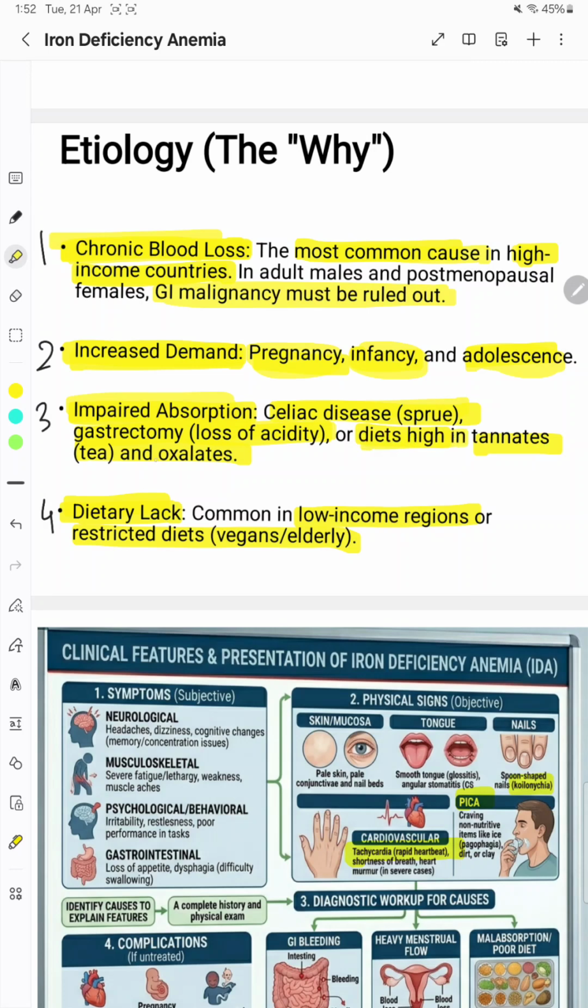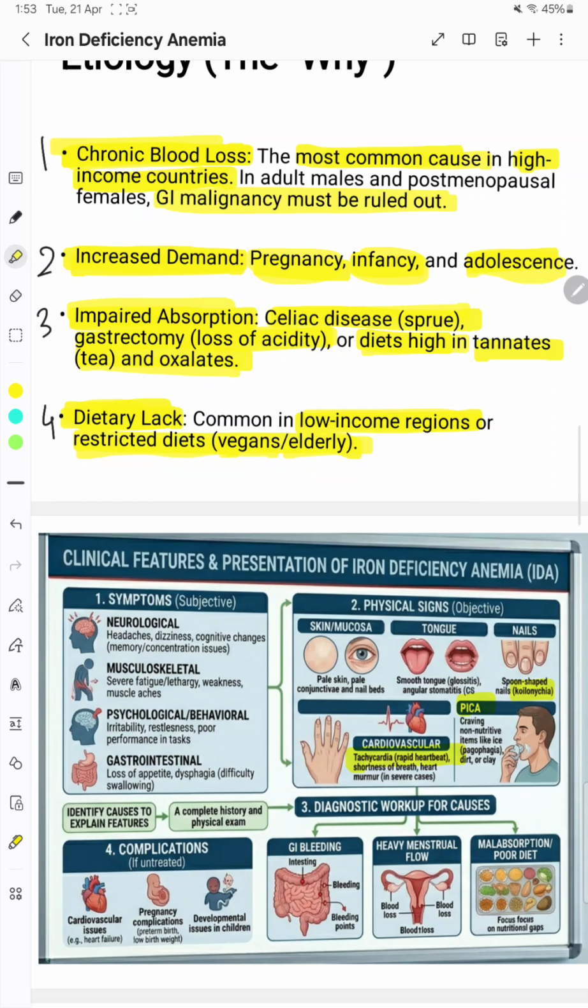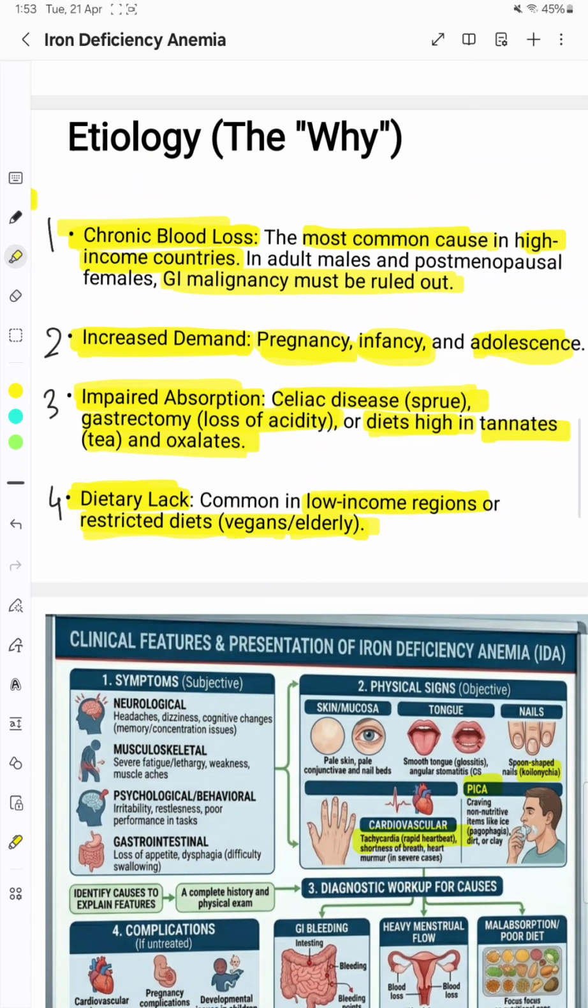Diets high in tannates and oxalate also impair iron absorption. Fourth condition is dietary intake. Low dietary intake can be seen in low income regions or individuals with restricted diet like vegans and elderly individuals. So these are the four main causes of iron deficiency anemia: blood loss, increased demand, impaired absorption and dietary deficiency.